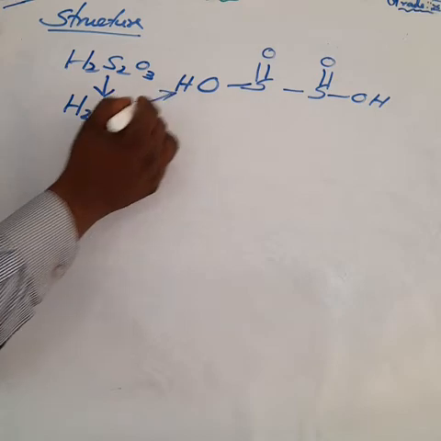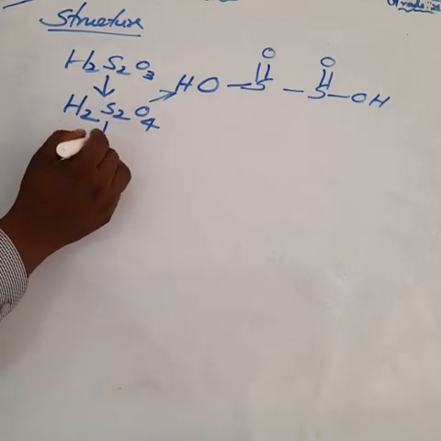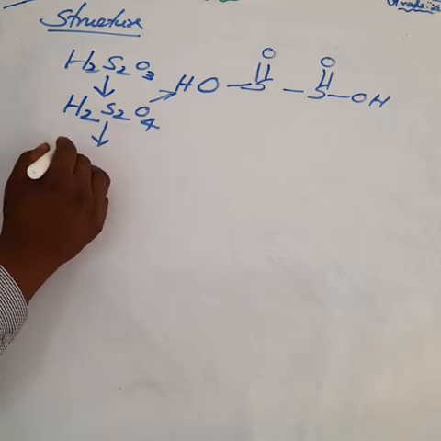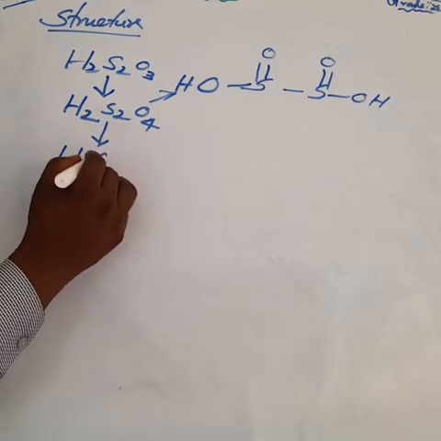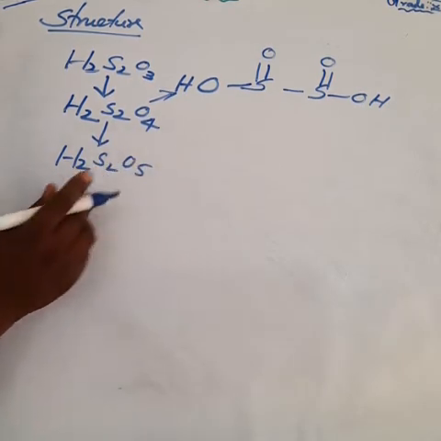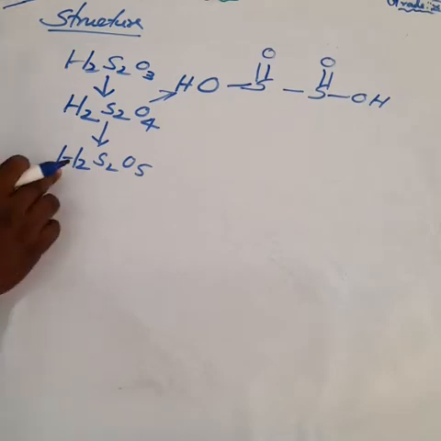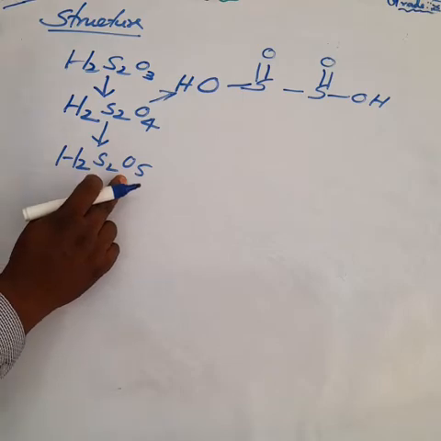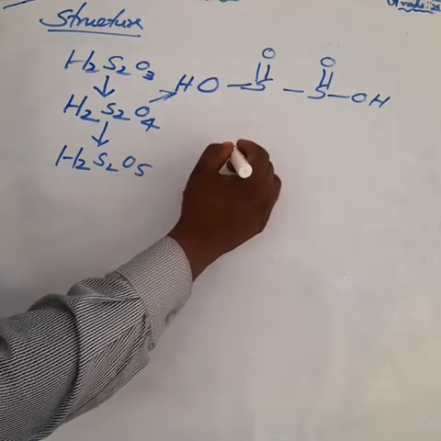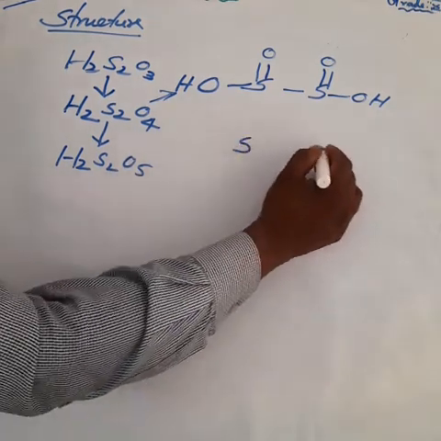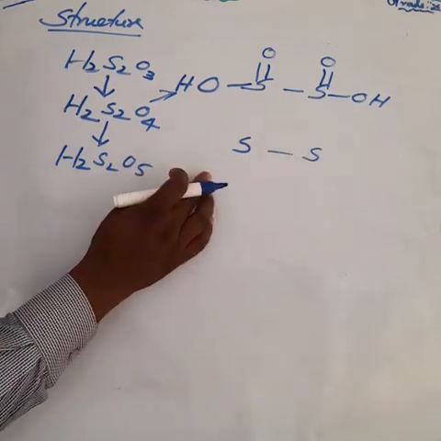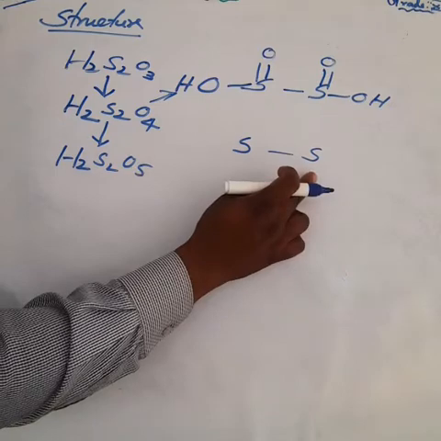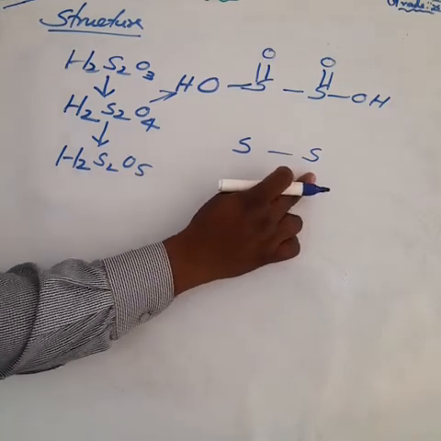Next, from dithionous acid, again I am going to add one oxygen atom. So what is the formula? H2S2O5. Am I right? So two hydrogen atoms, two sulfur atoms, five oxygen atoms. First you have to write two sulfur atoms.